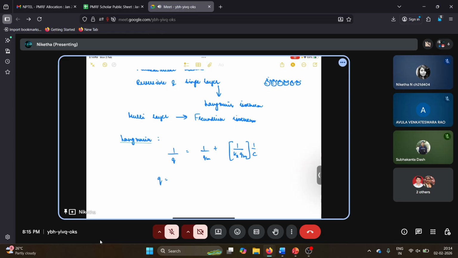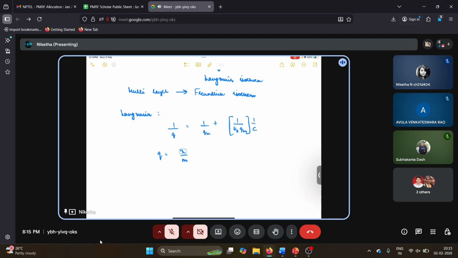Here q is x by m. x is the mass of adsorbate and m is the mass of adsorbent. qm is the maximum value of q, and c is the pollutant concentration. And then the Freundlich equation.